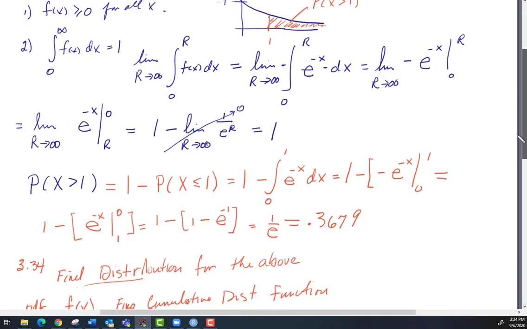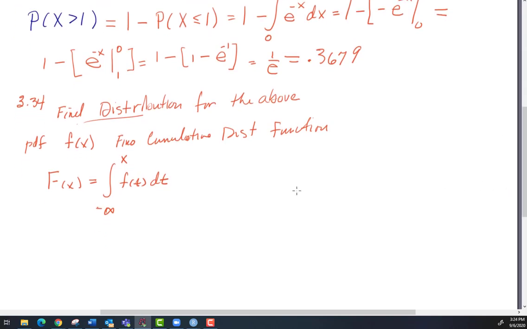So this function would be 0 from negative infinity to 0, and so it would have a 0 integral. So this would be exactly the same as integrating just from 0 to x of f of t dt. And I'm using this x as the upper limit of integration, so I've inserted a dummy variable here, t dt, to avoid confusion.